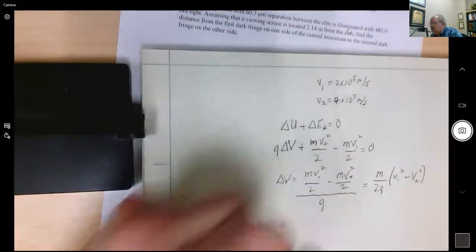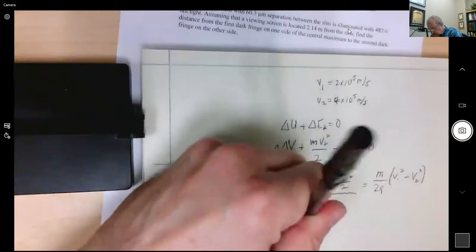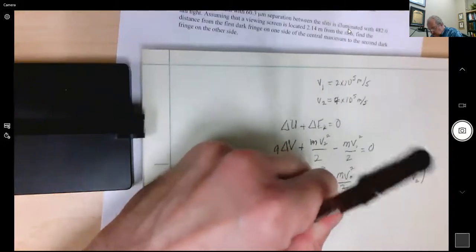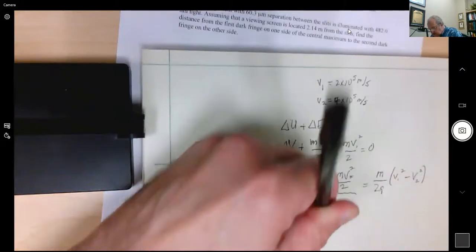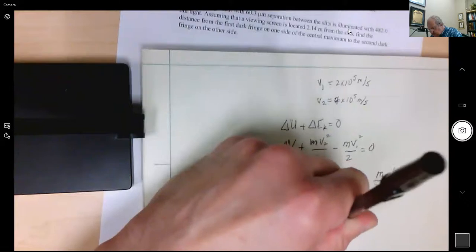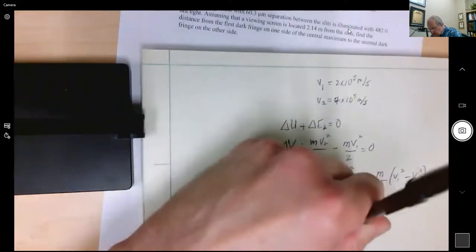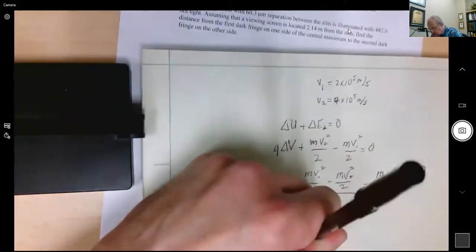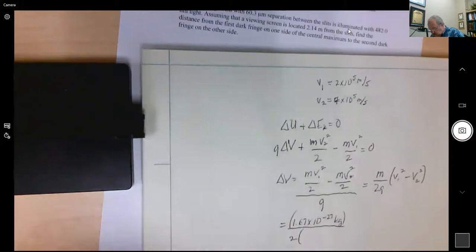Okay, so then I just plug in numbers there. My mass of a proton is 1.67 times 10 to the negative 27th kilograms, divided by 2 times the charge.